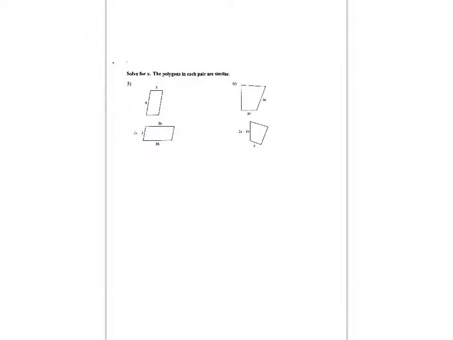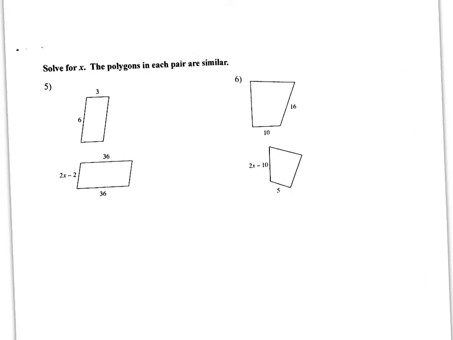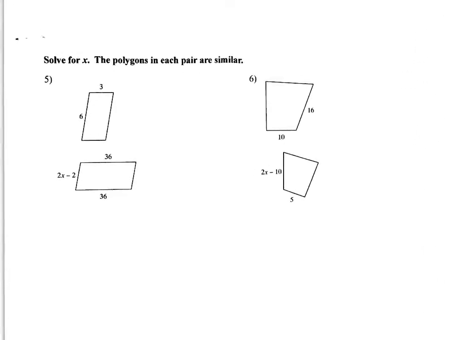Alright, two more. It says solve for x. The polygons are similar, so very similar to what we just did. So again, set up your proportion. In problem number 5 here, now the figure's turned, so the 2x minus 2 goes with the 3, and the 36 goes with the 6.